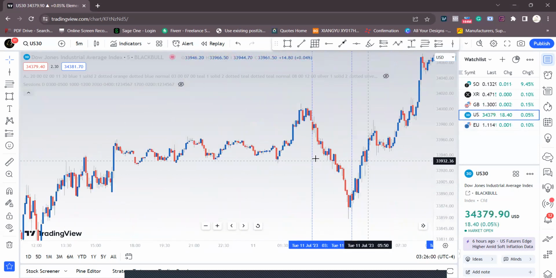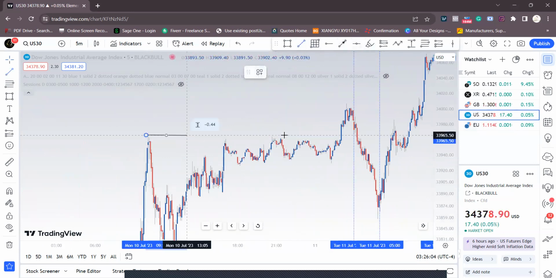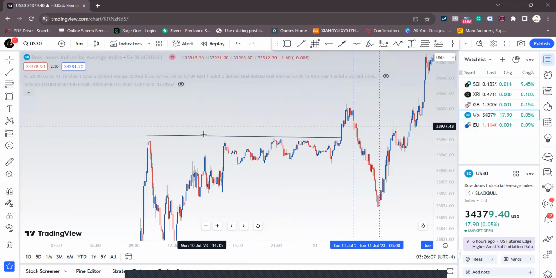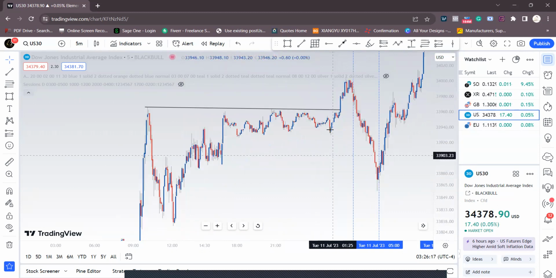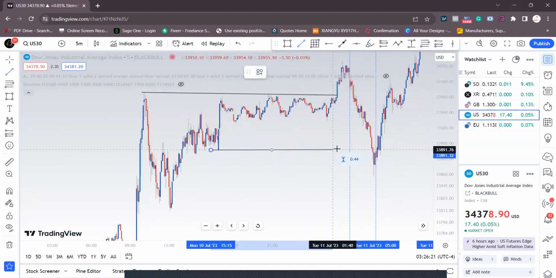As soon as the session started, we already took out all of this liquidity that was resting up here. Okay, so there was liquidity here. Right before we started looking for entries, we already took out this liquidity. So in my head, because we took out this liquidity, I'm targeting new liquidity levels sitting down here.